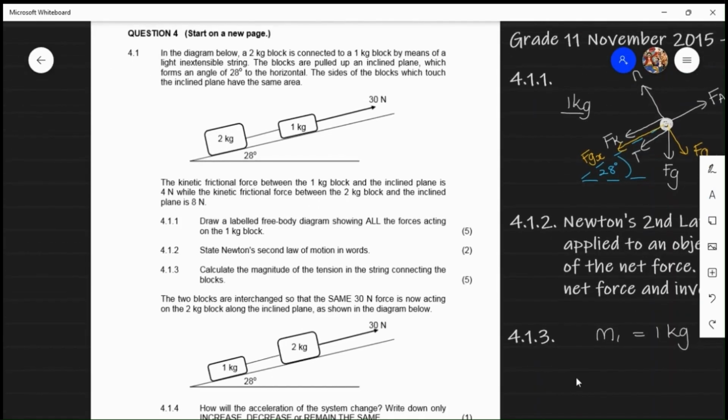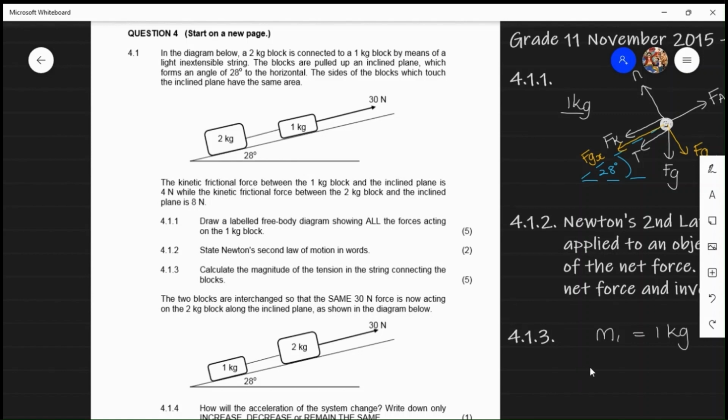By means of a light inextensible string, the blocks are pulled up an inclined plane, which forms an angle of 28 degrees to the horizontal. The sides of the block which touch the inclined plane have the same surface area. The kinetic frictional force between the 1 kg block and the inclined plane is 4 newtons.